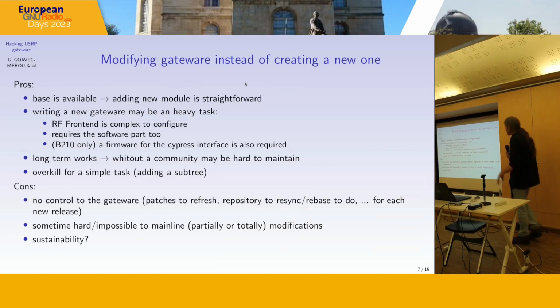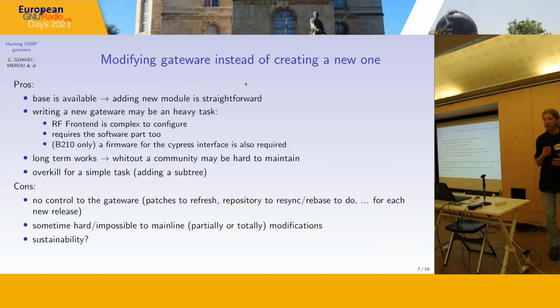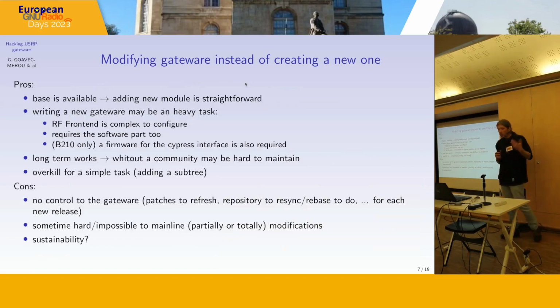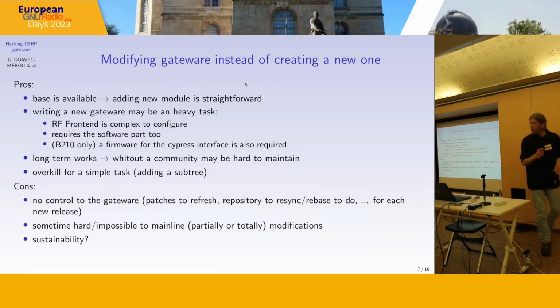And in fact, writing a new gateware is a big task because you have to write everything from scratch. You have to deal with the RF front-end, you have to deal with everything, and for the specific case of USRP, if you break the gateware, you have to write a new software.